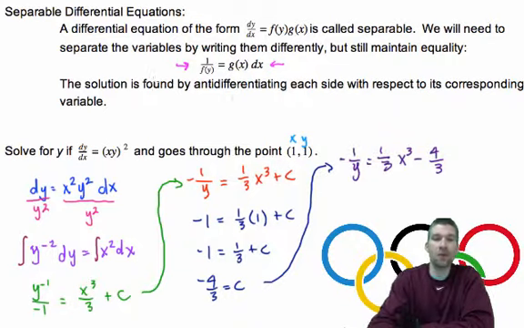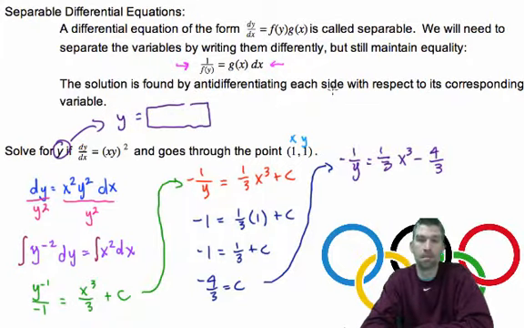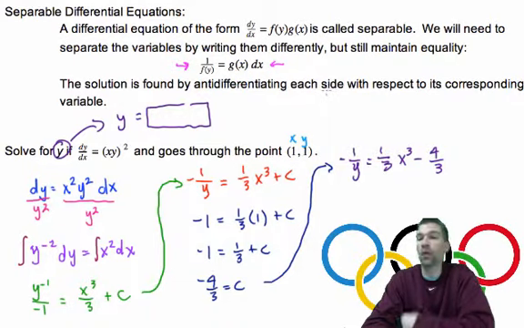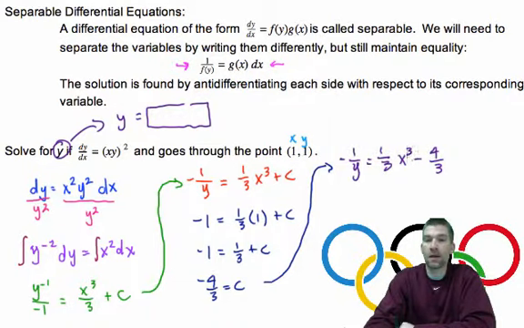Remember, if we solve for y, we're going to have an equation that says y equals something. So why don't we combine everything together in one fraction. With the denominators the same, it's 3 in both, so this would be x cubed minus 4 over 3. So this is what negative 1 over y would equal.